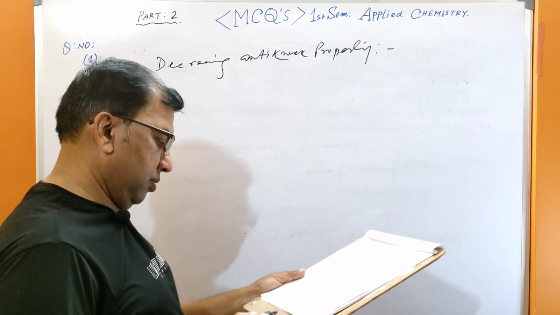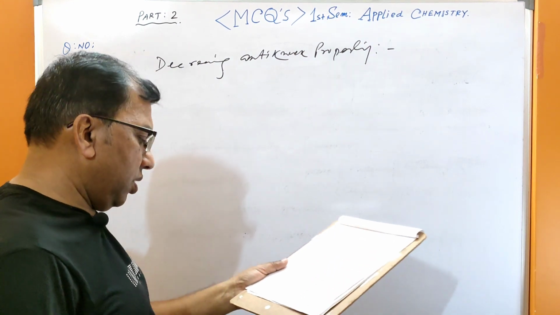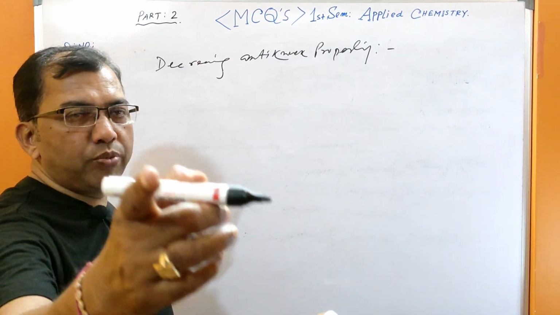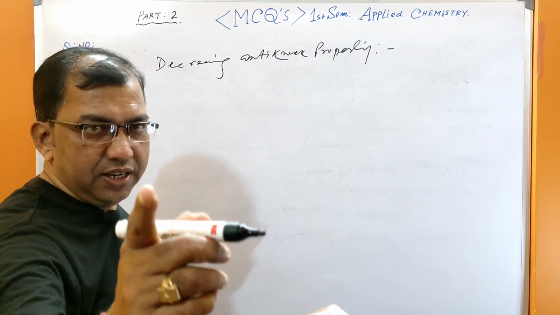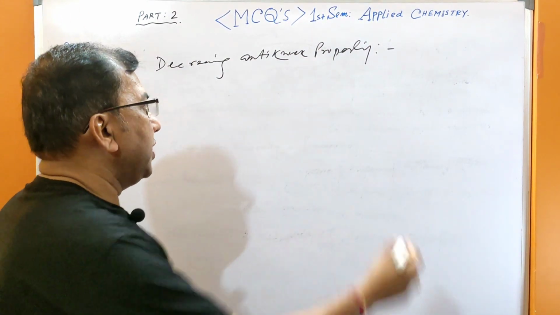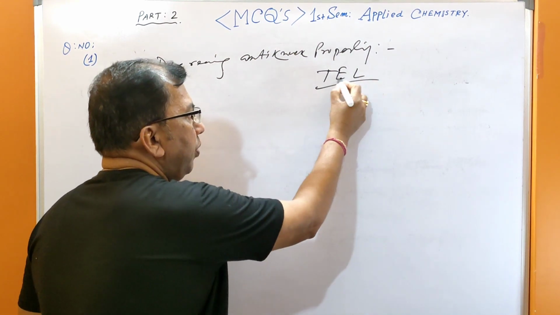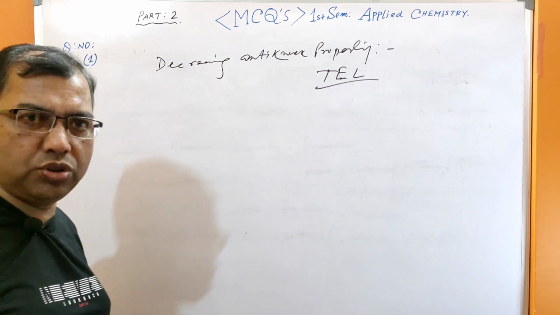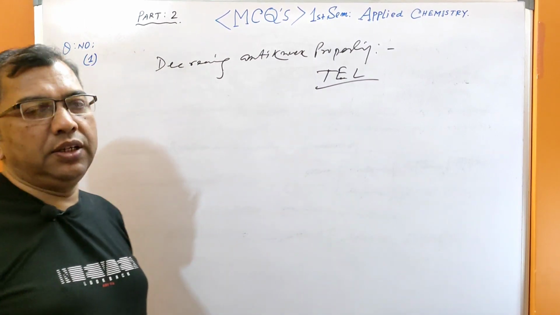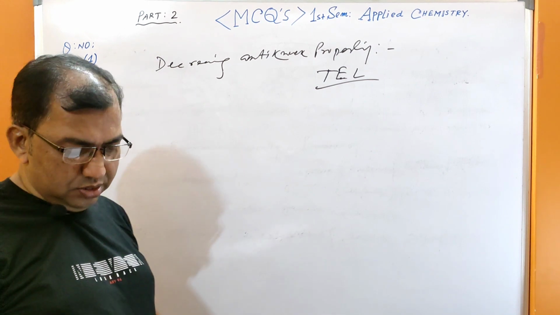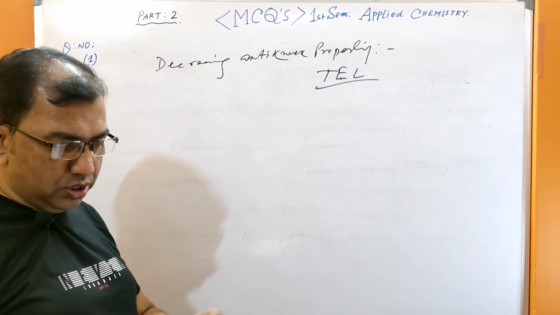TEL means tetraethyl lead, allyl bromide, lead bromide, none. Answer will be TEL, just TEL. Anti-knock compound TEL. MTBE is also there. Tetraethyl lead also causes pollution. Next.